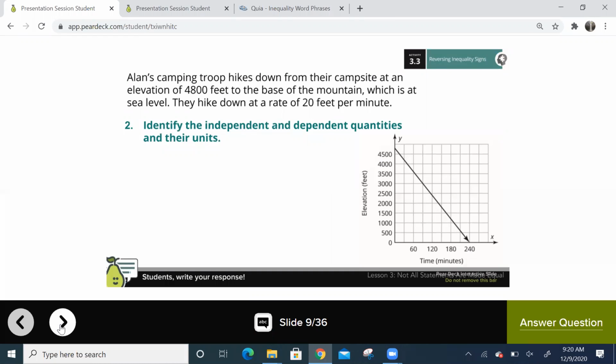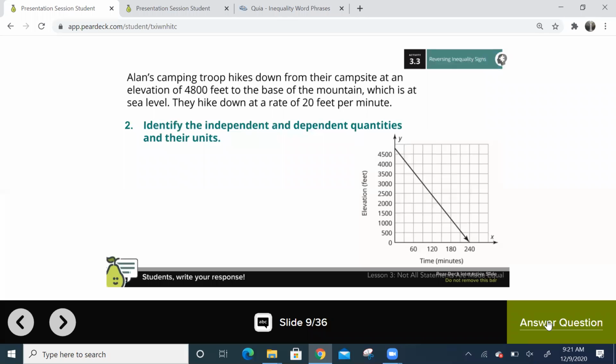Identify the independent and dependent quantities and their units. The independent variable most of the time is time, so it can be minutes. And then our dependent would be the number of feet.